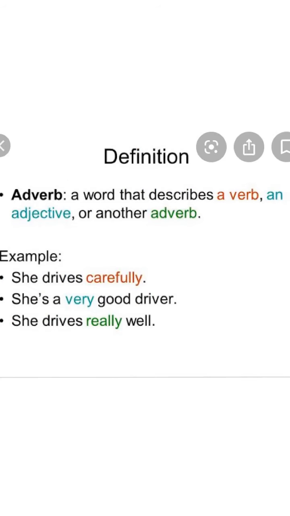Now let's talk about adverbs. In the previous video, I told you about adjectives, that adjectives tell us more about nouns, right? So adverbs tell us more about a verb, adjective and other adverbs. For example, she drives carefully.